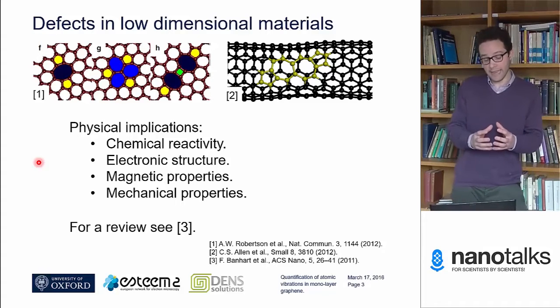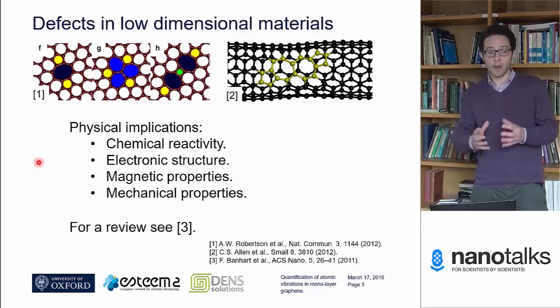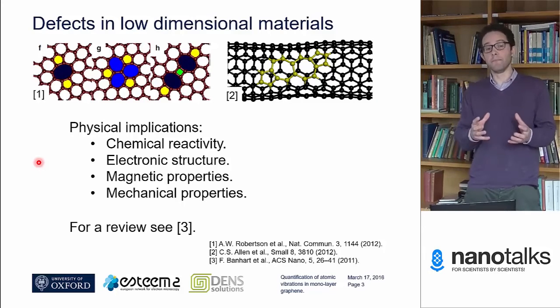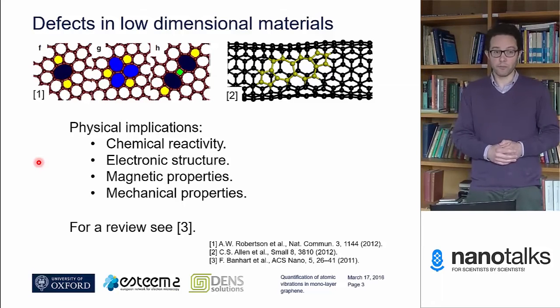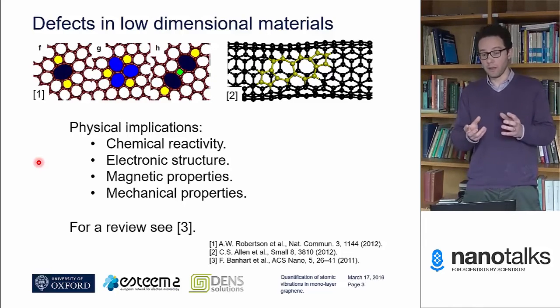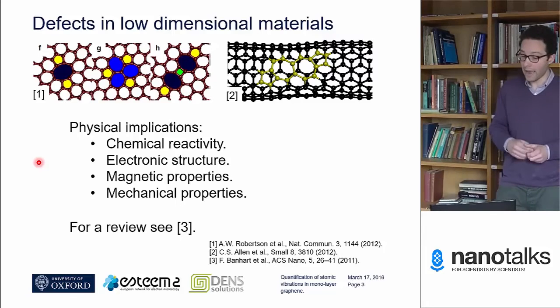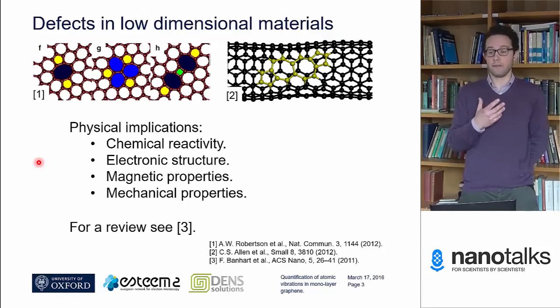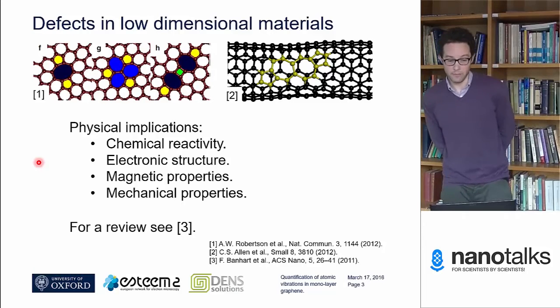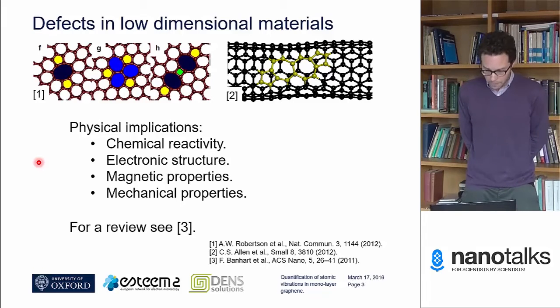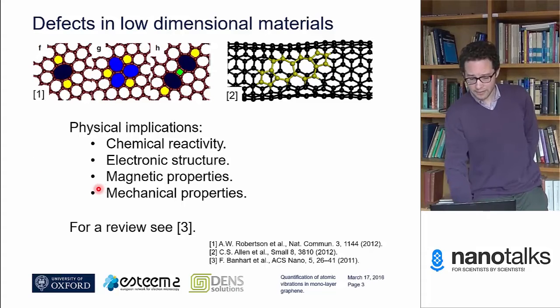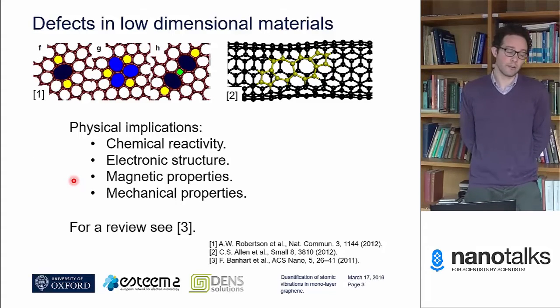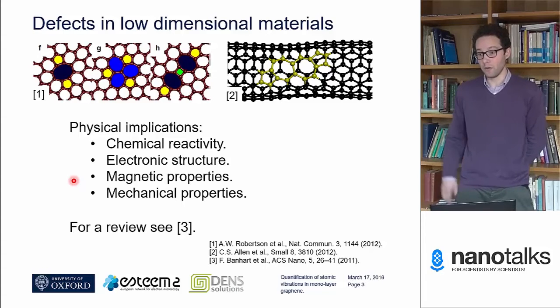If we create a defect in a nanomaterial, in graphene or a carbon nanotube, for example, there are going to be changes in bond lengths around the defect, and this will affect the electronic properties. There may also be pi-sigma rehybridization, and of course the defect acts as a scattering center in the perfect crystal. Furthermore, magnetic properties. There have been numerous theoretical predictions that certain defects in graphene will have a local magnetic moment.